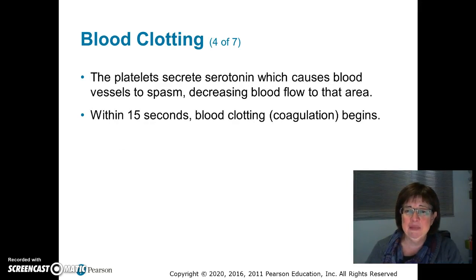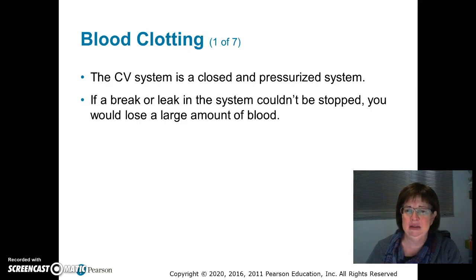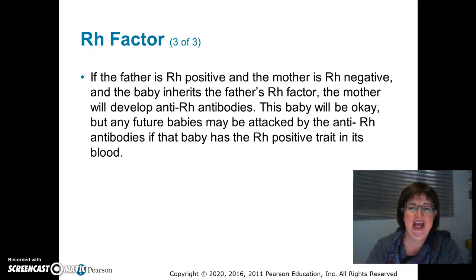Now, this can be a problem only if there is, I don't have a diagram for that one, sorry. If there is a father that is positive and the mother is negative. And because the RH positive is dominant, the baby will inherit the positive factor from the dad.